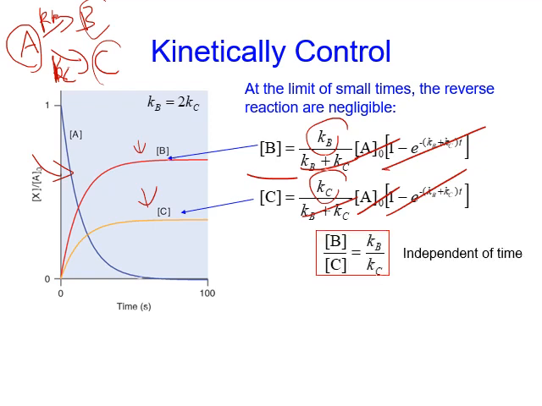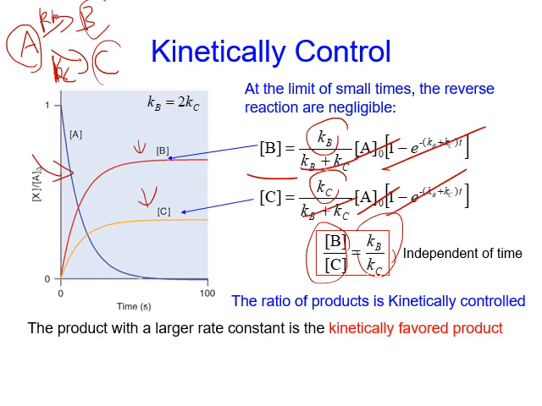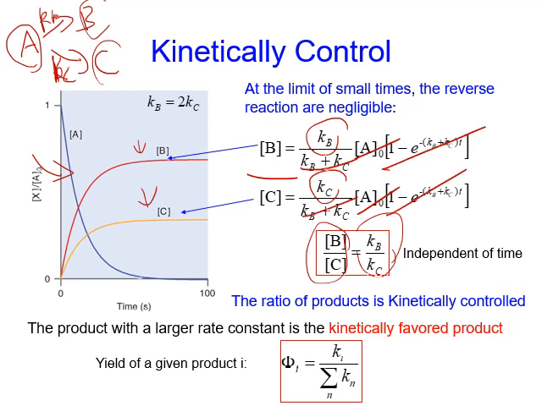That tells you that under kinetic control, when the reverse reaction is not important, the product ratio is just the rate constant ratio. The product with the larger rate constant will give you more product, and therefore it's called the kinetically favored product. The yield of a given product is the rate constant towards the desired product divided by the sum of all the rate constants.